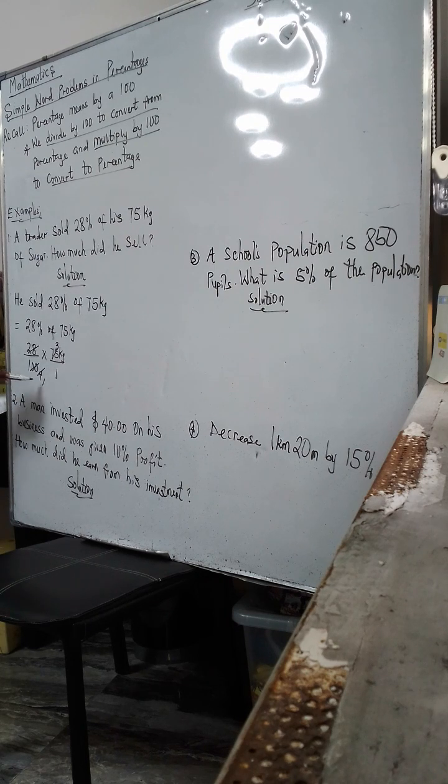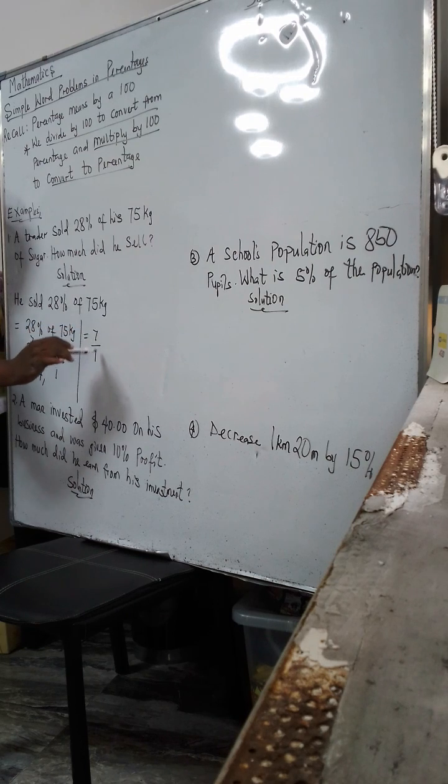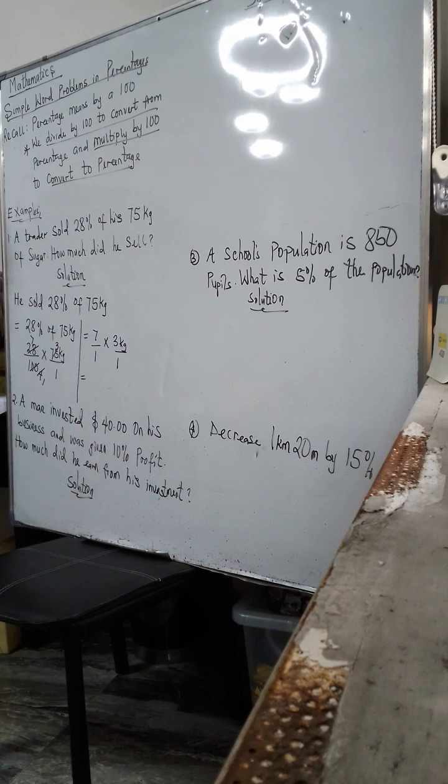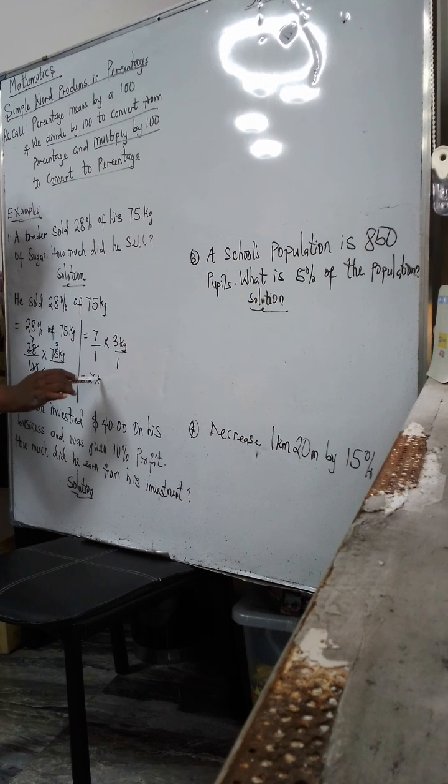Is that okay? Is that true? Alright. So 4 will go into itself once and into 28 7 times. So what do we have here? For the numerator, this is 7 over 1 times 3 kg over 1. Is that right? Since I cannot divide the numerator by the denominator using any common factor, this now becomes 7 times 3 kg over 1 times 1.